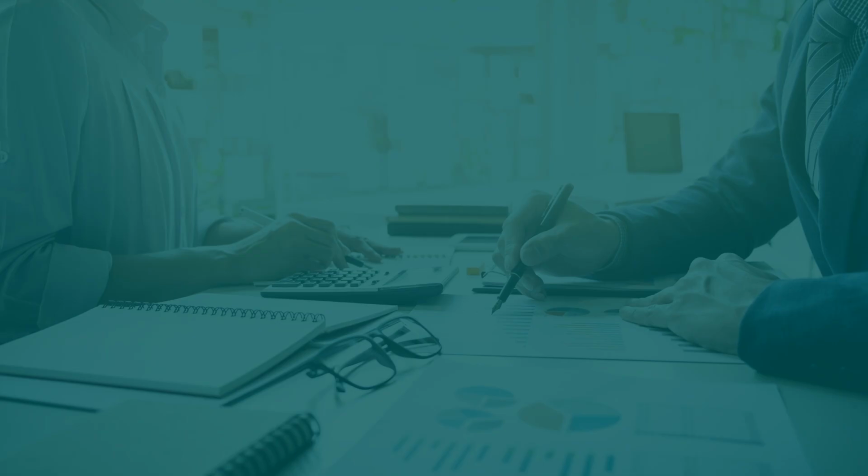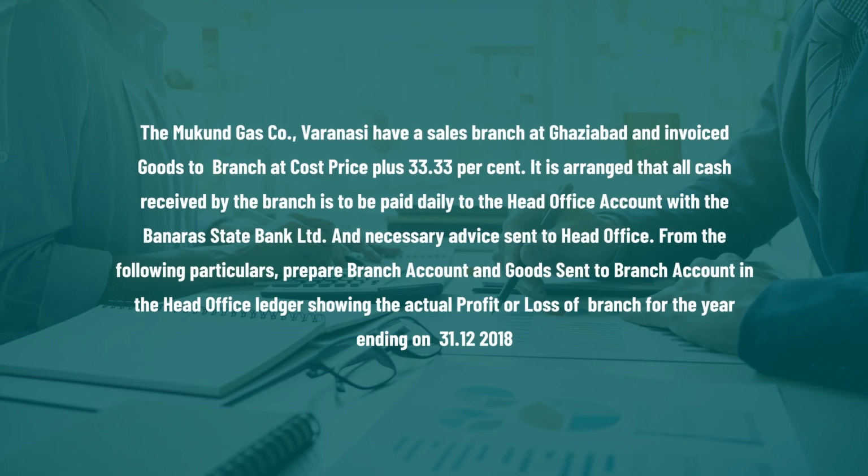Mukund Gas Company, Varanasi, has a sales branch at Ghaziabad and invoiced goods to the branch at cost price plus 33.33%. It is arranged that all cash received by the branch is to be paid daily to the head office account with the Banaras State Bank Limited, and necessary advice sent to head office.